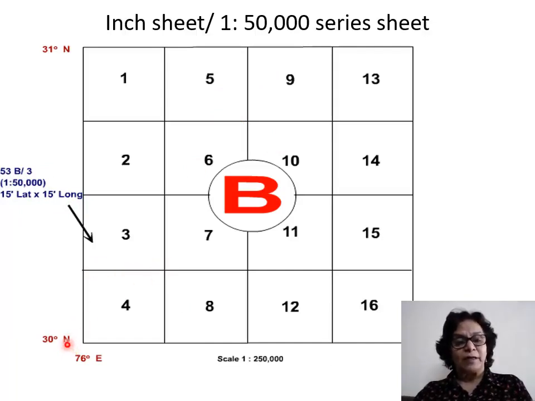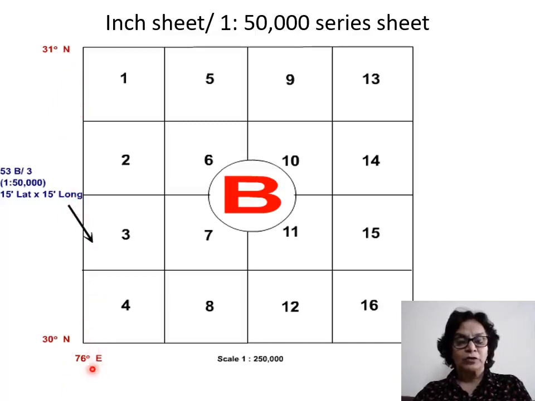So here it will be 30 degrees 15 minutes north to 30 degrees 30 minutes north, and longitudinal extent from 76 degrees to 76 degrees 15 minutes east. So each one is 15 by 15. Here it will be 30 degrees 15 minutes, 30 degrees 30 minutes, 30 degrees 45 minutes, and 31 degrees along the latitude.